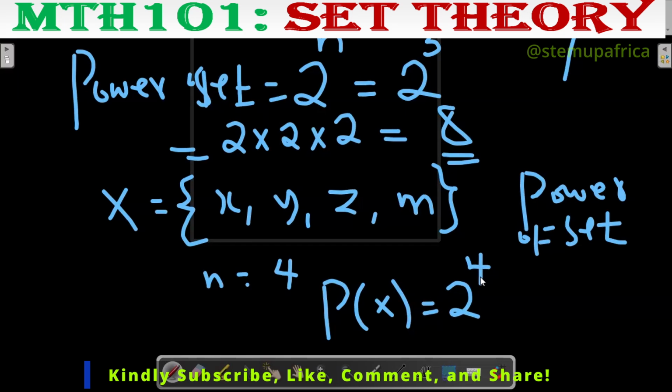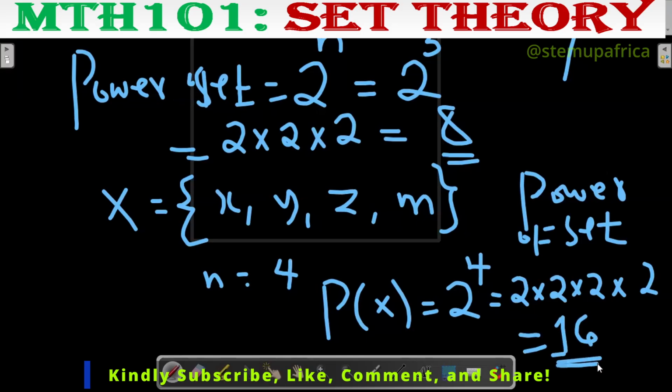You see that? Which is 2 times 2 times 2 times 2, in 4 places. 2 times 2 times 2 times 2 will give us 16. So the power of the set now is 16. You now understand how we got the 16, right? It's not 2 times 4. The power of the set is 16.